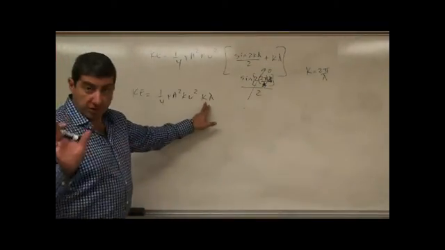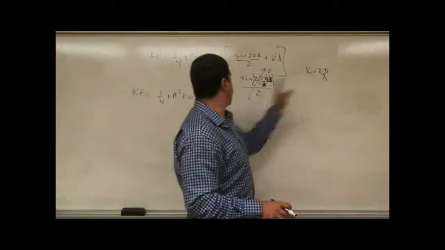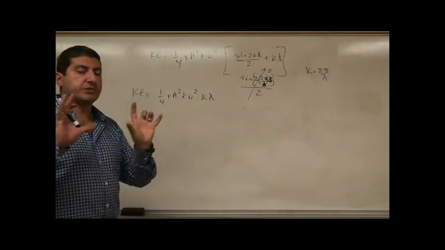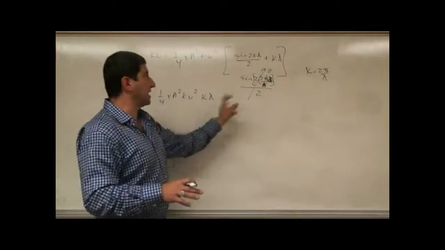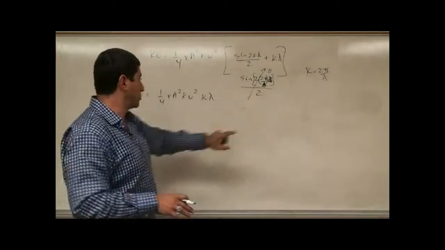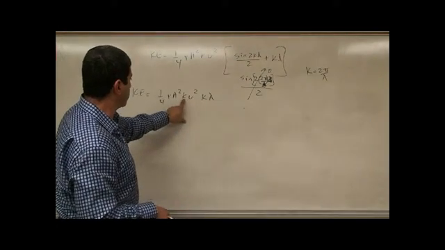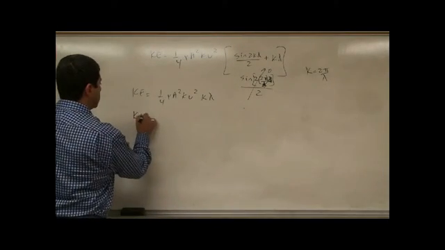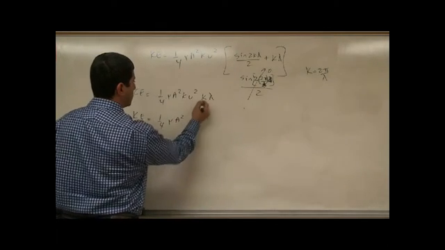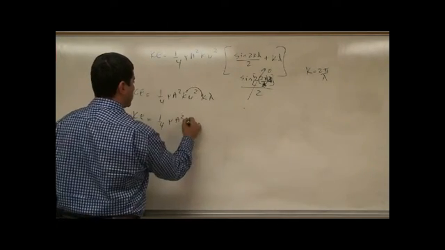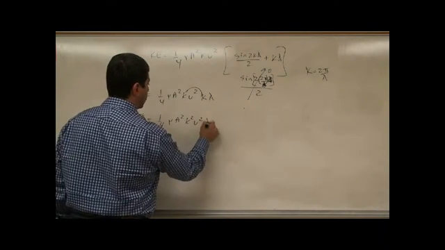Now, we could, if we wanted to, say k lambda is 2 pi, put it here, but we prefer to write the equation a different way, so I'm not really going to use the fact that k lambda is 2 pi just yet. I'm going to take this k, multiply it by this k, and then I'm going to say 1/4 mu a squared, and then this k times this k gives you k squared, v squared, lambda.